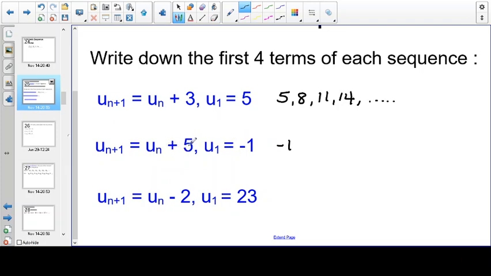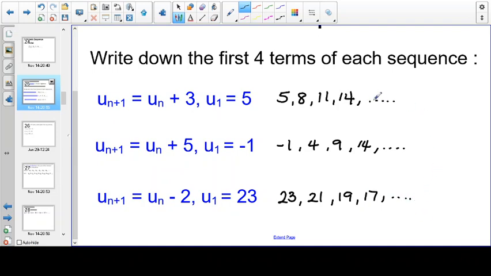Then to get the next term we need to add 5, add 5, add 5, and so on. And this one here starts off at 23. To get the next term we take away 2, take 2, take 2, and so on.